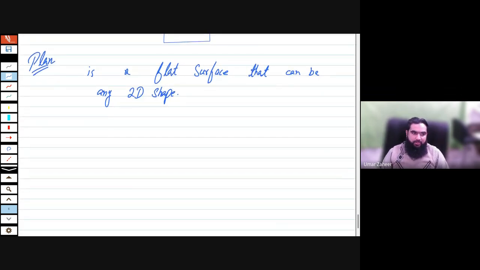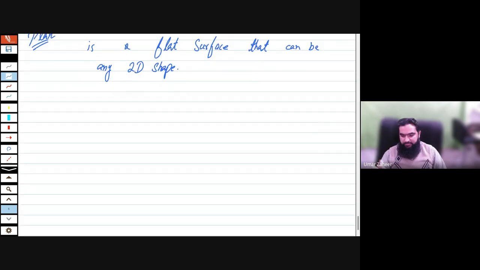If we are going to talk about the plane of symmetry, obviously it must be in 3D shapes.